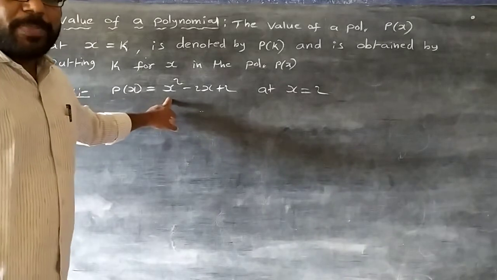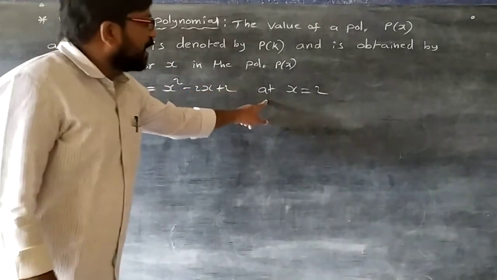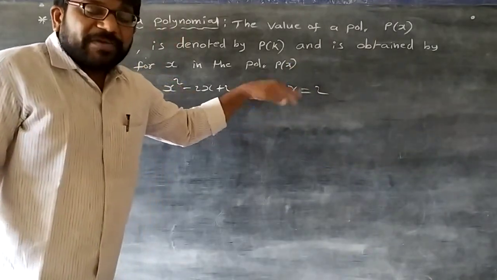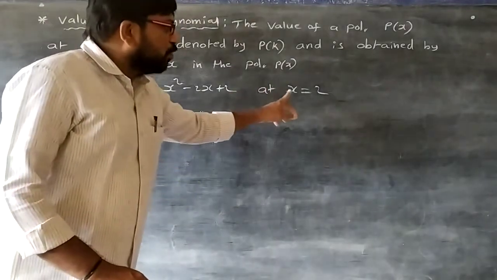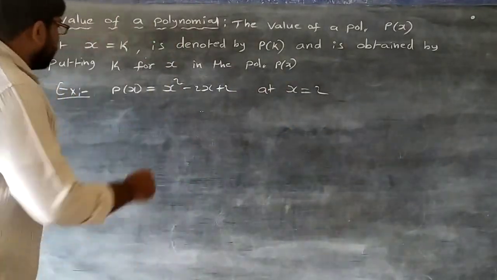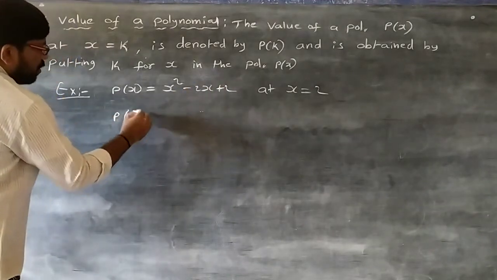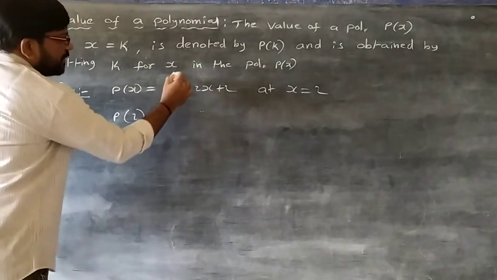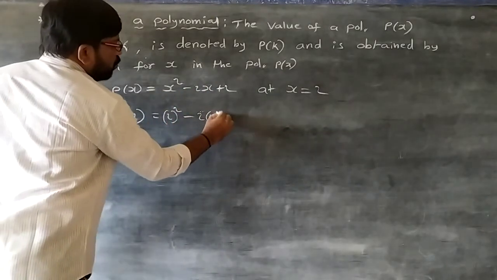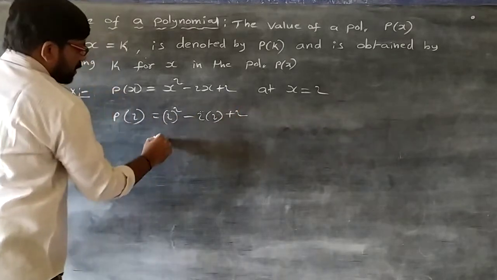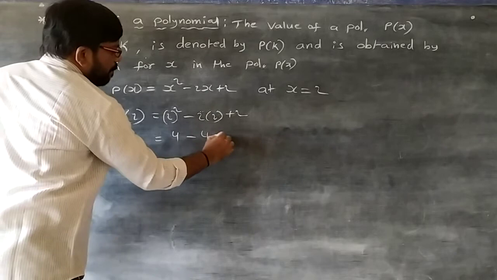If x equals 2, then what is its value? We have to substitute x equal to 2. Observe carefully. Put x equal to 2: p of 2 is equal to 2² − 2 × 2 + 2. That is 4 − 4 + 2.